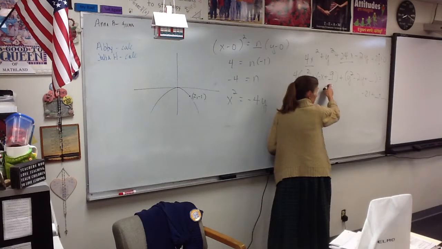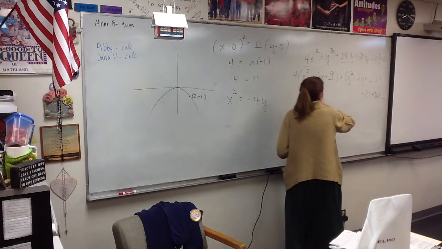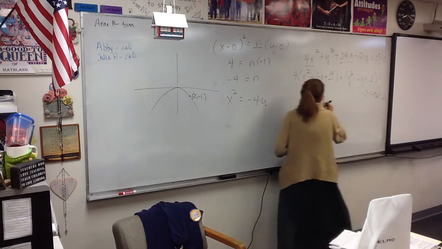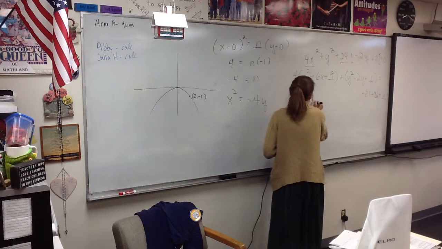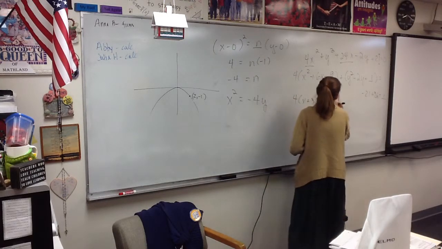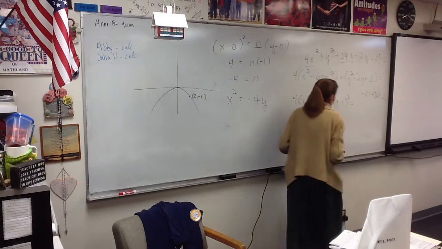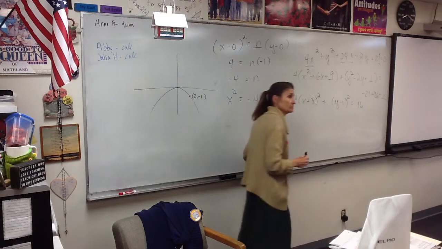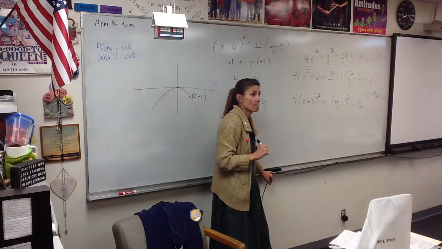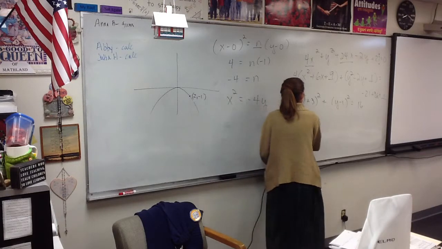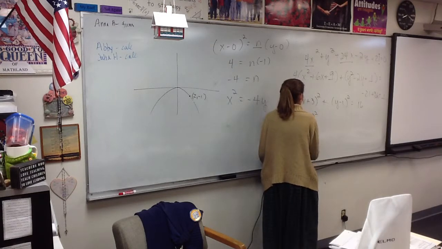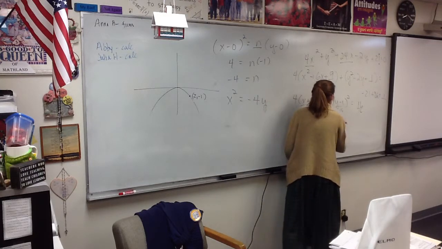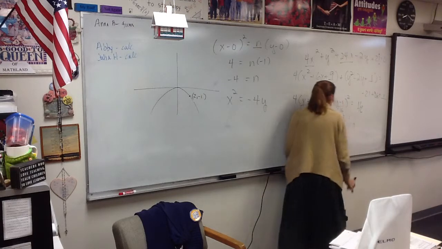But that 9 is really a 36. What completes a square here? And that's a 1. So we have 4 times x plus 3 squared plus y minus 1 squared equal to 16. One more step. Divide. So we have x plus 3 squared over 4, because we're dividing by 16, plus y minus 1 squared over 16 equals 1.